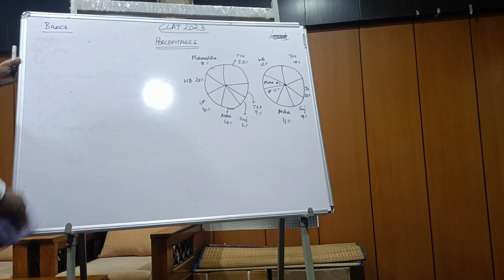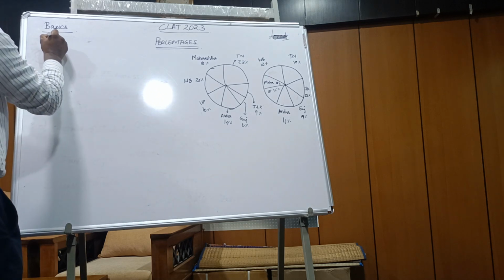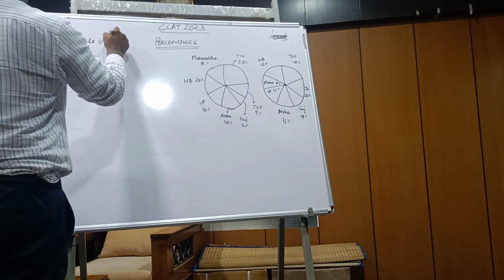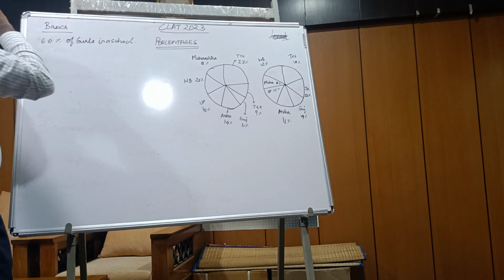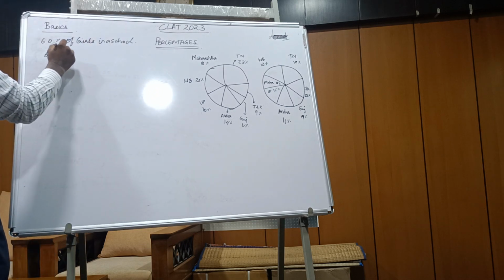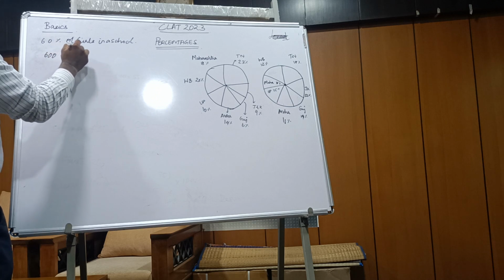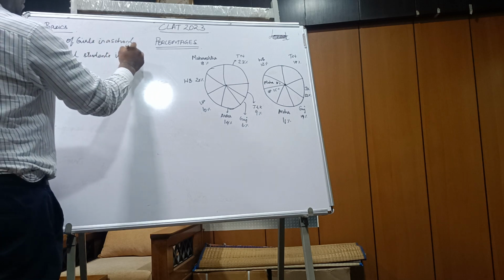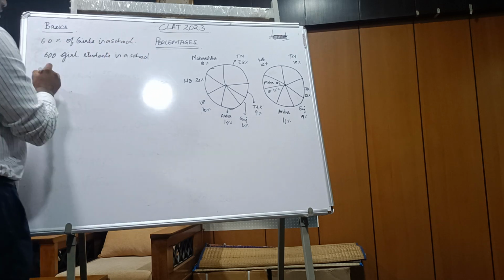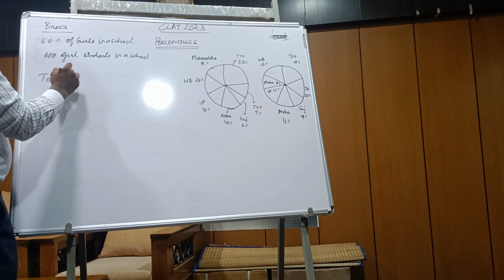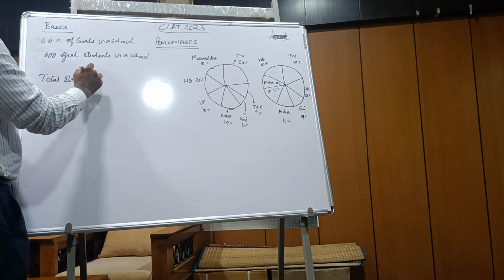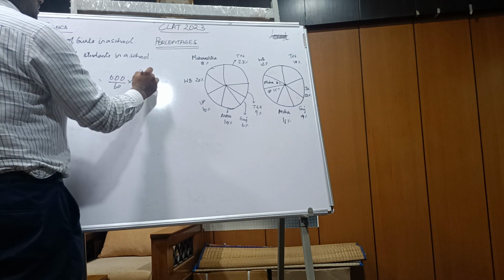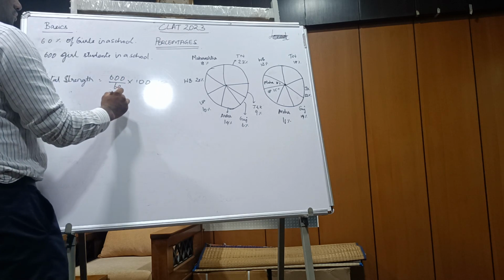For example, if I say there are 60% girls in a school and there are 600 girl students in the school, then the total strength is equal to 600 divided by 60 into 100, which is 1000.